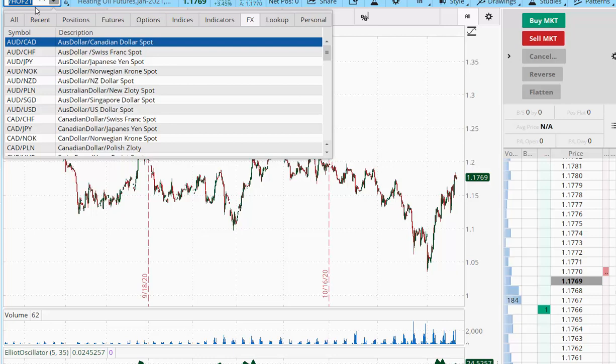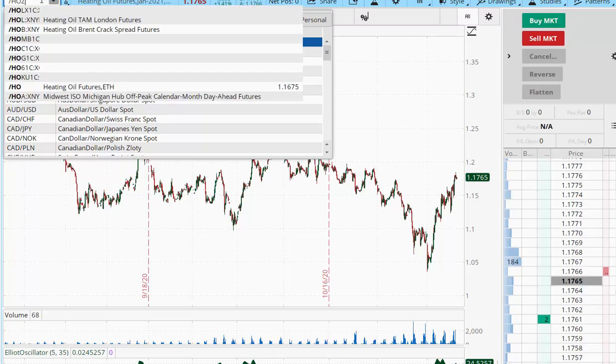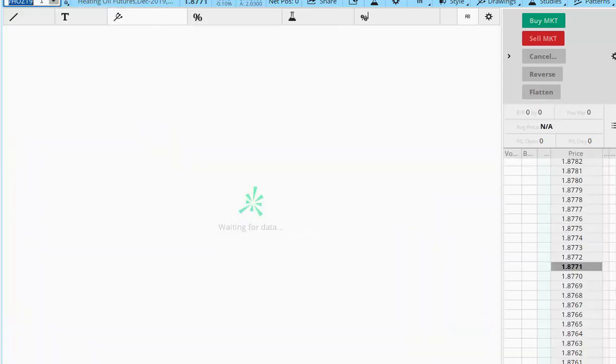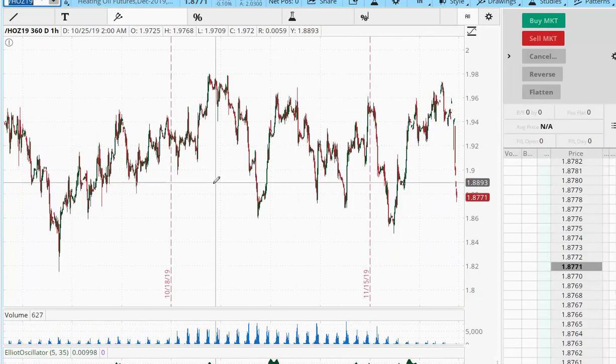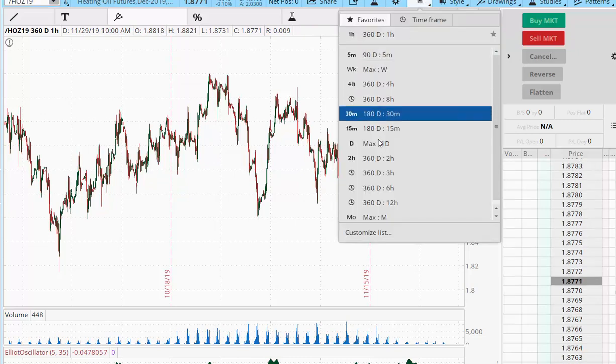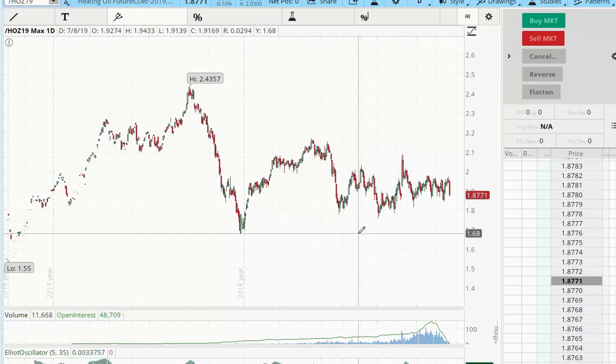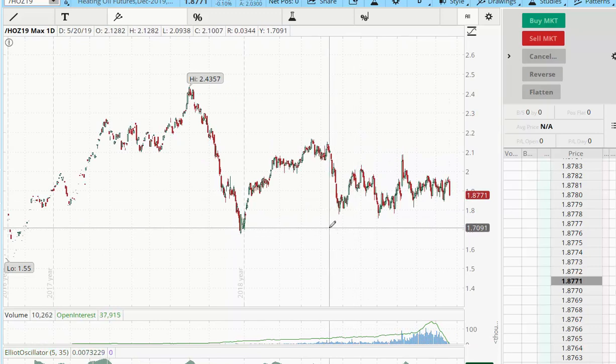So let's do daily, and remember we're using the standard textbook, nothing fancy, pivot formula.